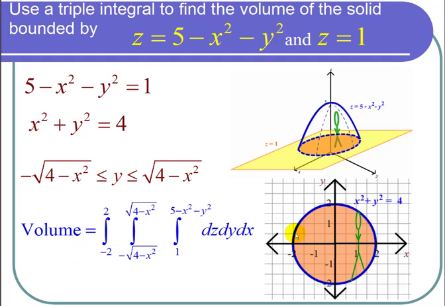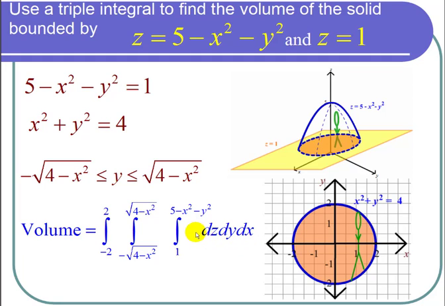X goes from negative 2 to 2, and y goes from negative root 4 minus x squared to positive root 4 minus x squared. And then z goes from 1 to 5 minus x squared minus y squared. And then since I have a volume, I have dz, dy, dx.